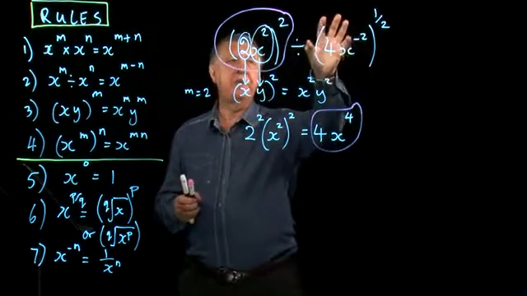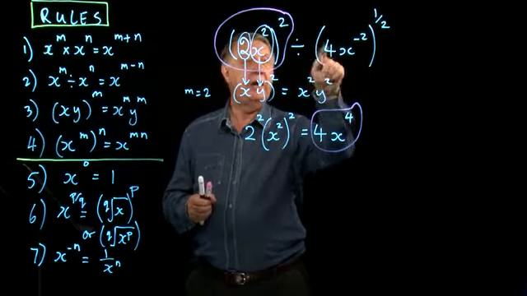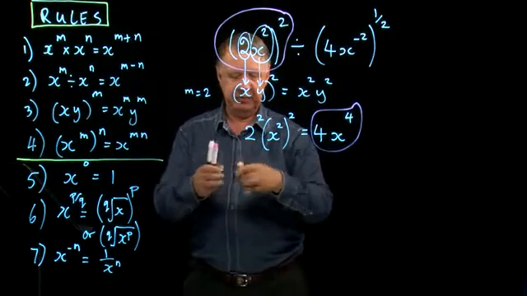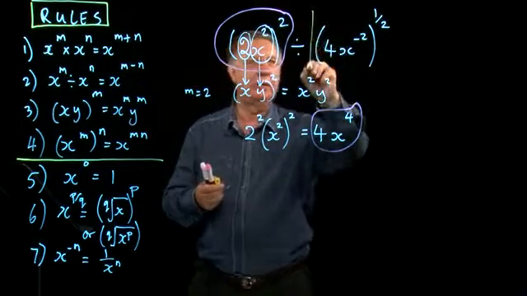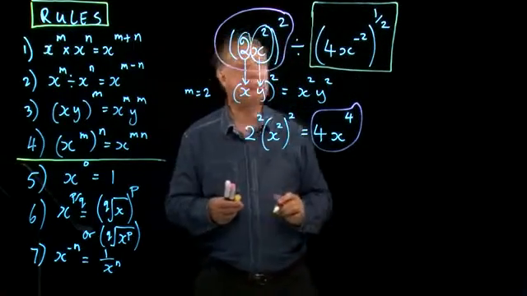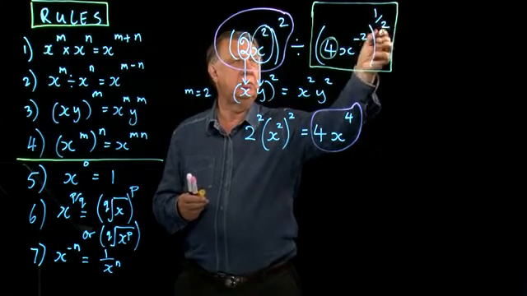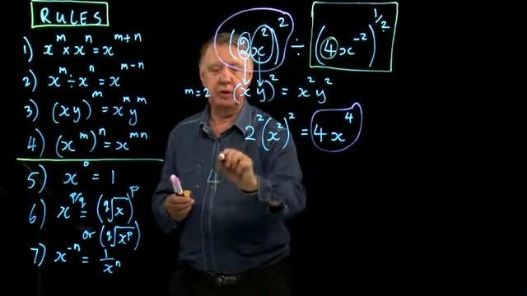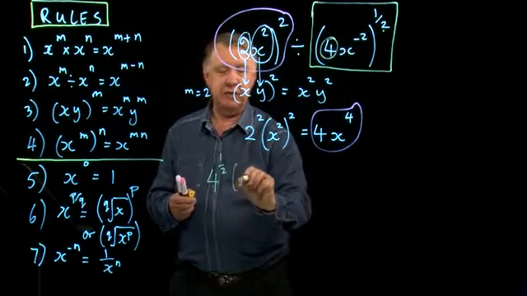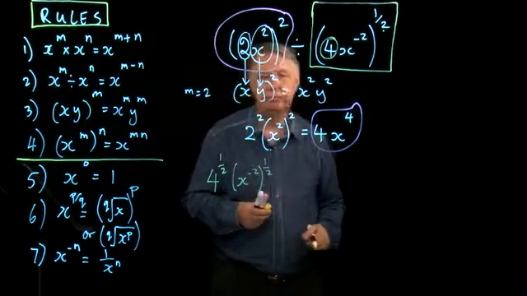Now let's have a look at this second bracket, a similar technique. Let's colour this and make it a bit clearer where we are, so we'll make this little chap here yellow. So we look at that first: 4 with the power a half, so we want 4 to the half, and then x to the negative 2 to the half.